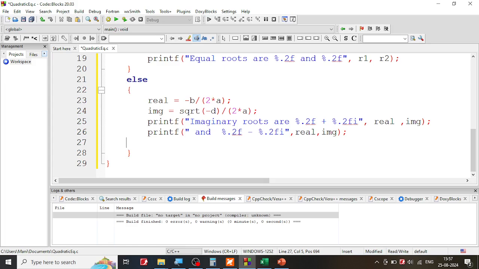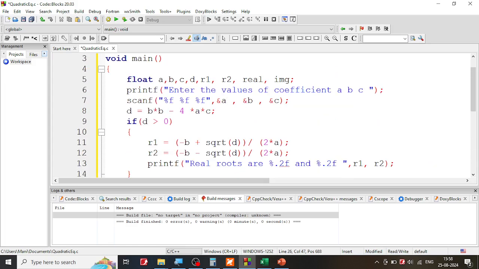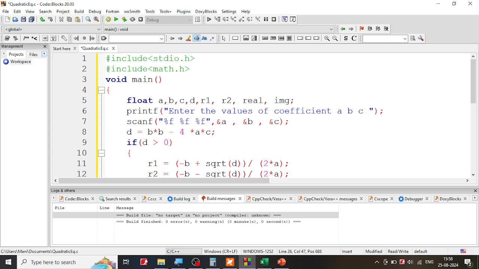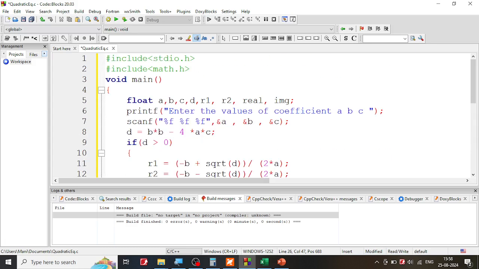Now suppose you are using Turbo C, which I'm not using, it's an outdated compiler, you will have to write conio.h, that is console input output, and some people write clear screen. All these things are not required if you are using Code::Blocks, because it uses the latest compiler, and clear screen is actually taken out from conio.h.